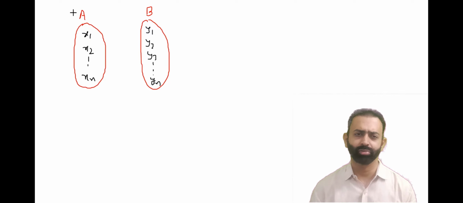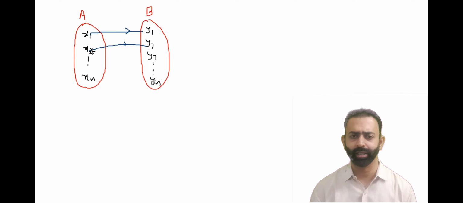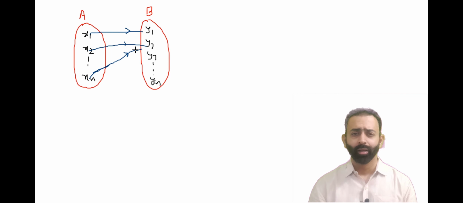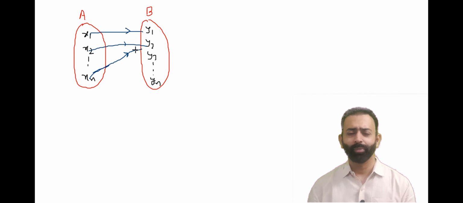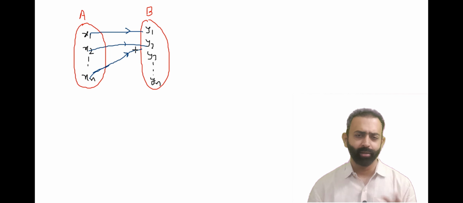Now some inputs are associated, let us say like this: x1 is associated to y1, x2 is associated to y2, and likewise xn is also mapped to y2.